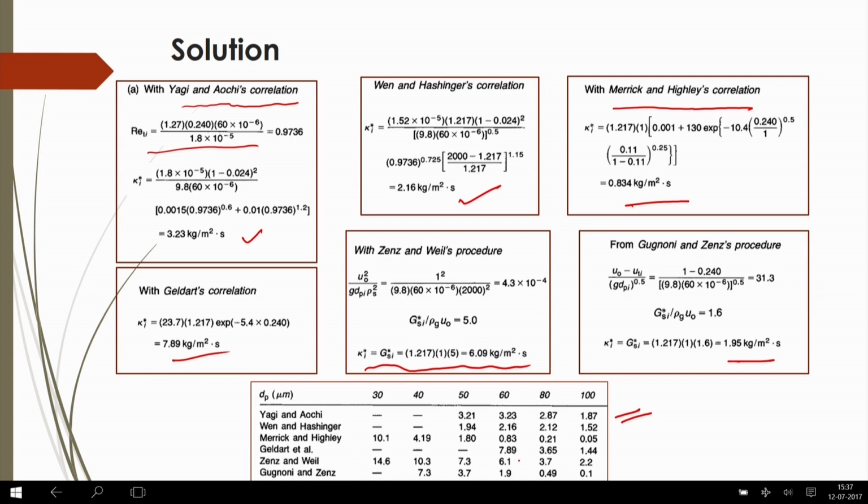With Geldart et al., the increasing particle size will decrease the elutriation rate. With Zenz and Weil, again the elutriation rate will decrease, and with Gugnoni and Zenz et al., as per their correlation, increasing dP will also decrease the rate constant.